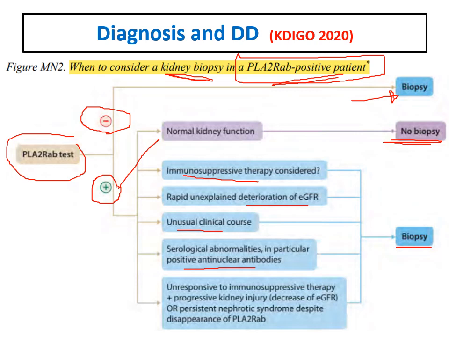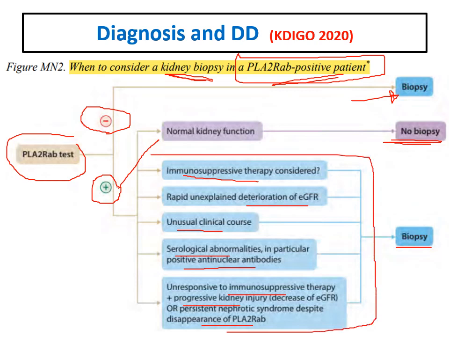And if the patient is unresponsive to immunosuppression, or if there is progressive kidney damage with treatment despite disappearance of antibodies in serum, we should ask for a biopsy. This is an important question and an important clinical scenario in our practice: when to ask for a biopsy in a patient with positive anti-phospholipase antibodies.